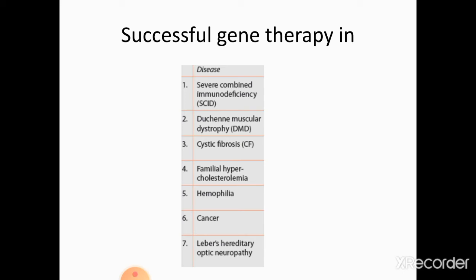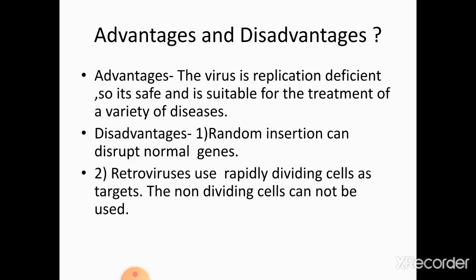Gene therapy was successful for diseases such as severe combined immunodeficiency, cystic fibrosis, hemophilia, cancer, etc. Advantages of gene therapy: the virus is replication deficient, so it is safe and suitable for the treatment of various diseases.